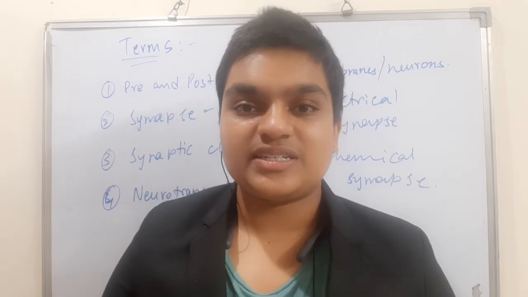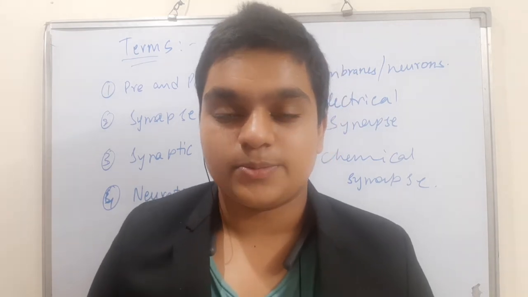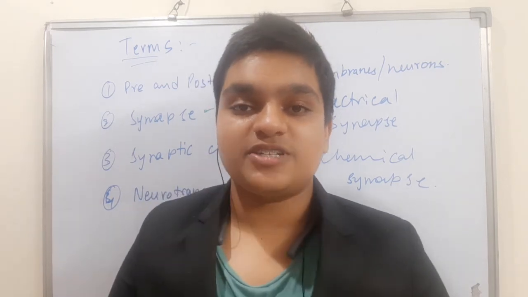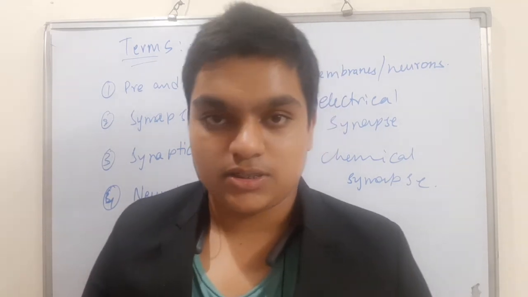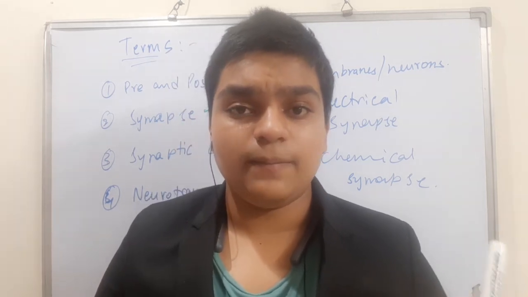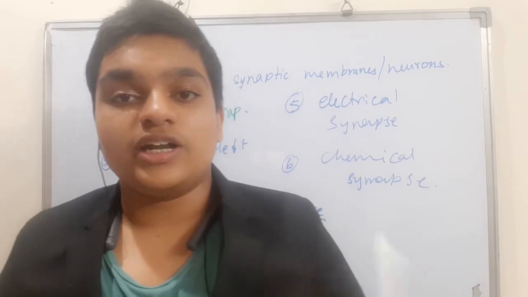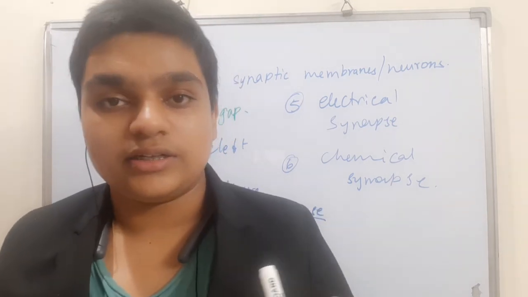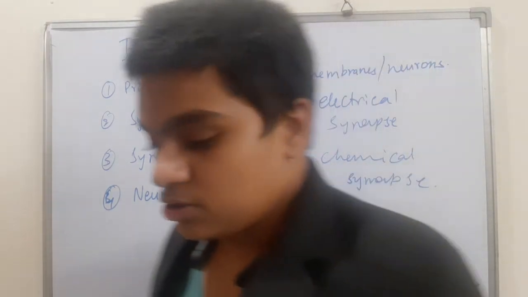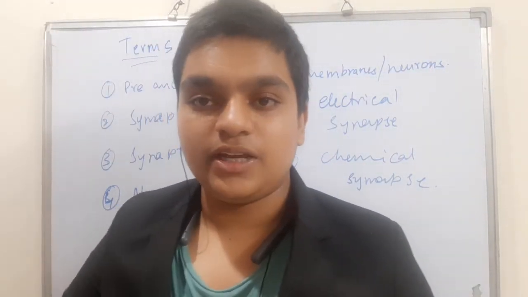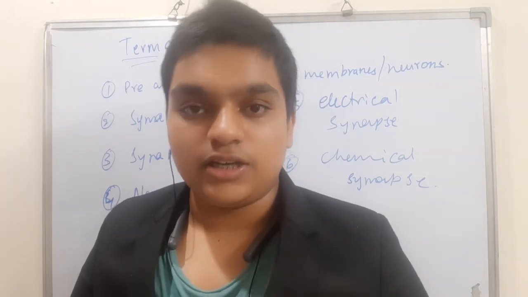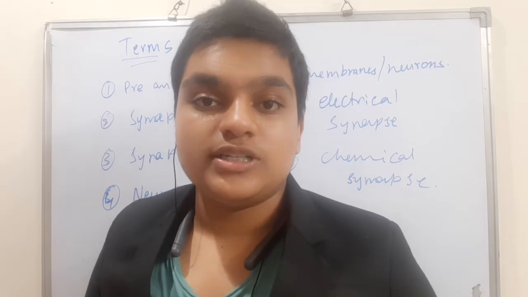I will be explaining neurotransmitters also. They are the chemical substances which help in the transport of nerve impulses. Again, let me repeat: the pre and postsynaptic membranes and the synaptic cleft constitute the synapse.